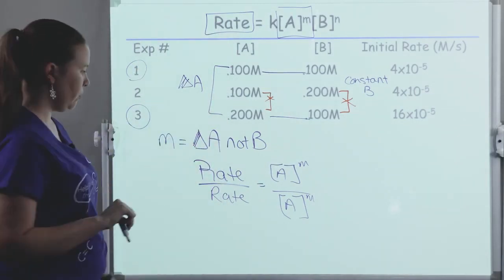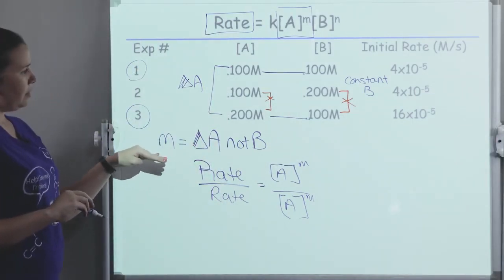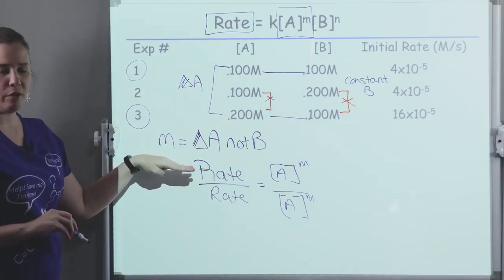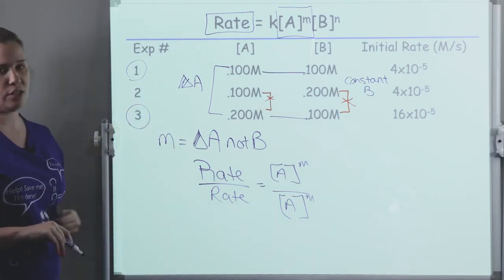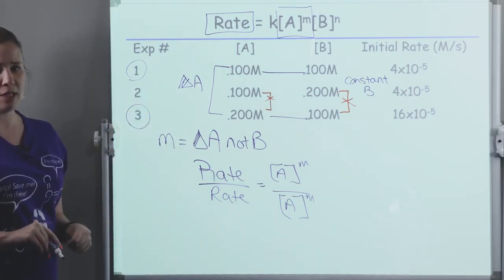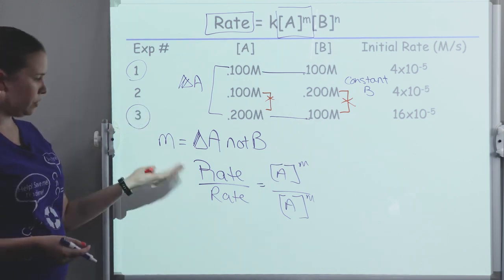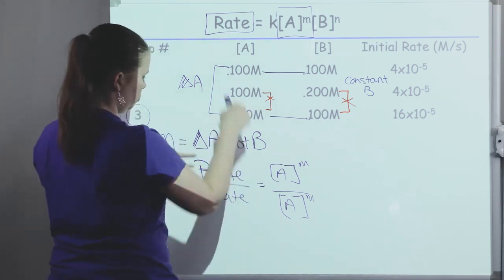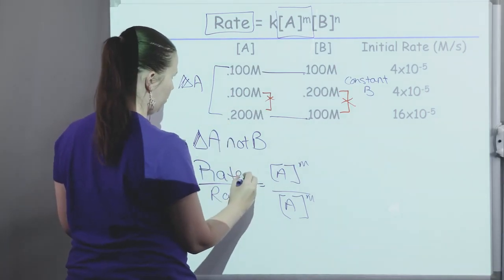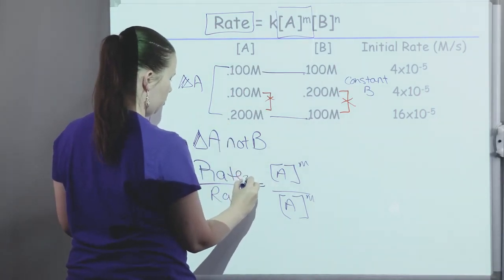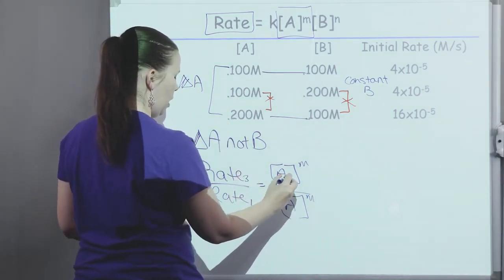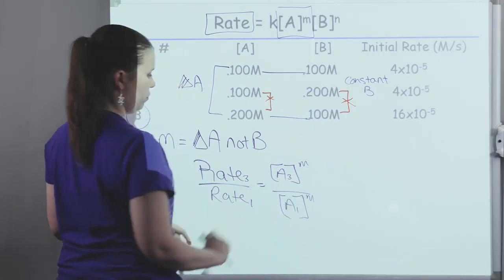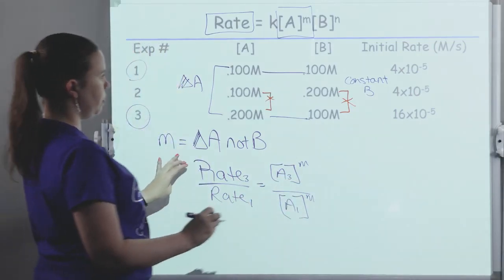That's my X. I need to pick an experiment to put on top, and I would recommend always picking the bigger number. It's just going to make the math a lot easier. If you're good with the calculator, you'll get the right answer either way, but doing it with the big one on top will make sure you have easy math. So this would be the third rate over the first rate, and the third concentration over the first concentration. So let's start plugging that in.